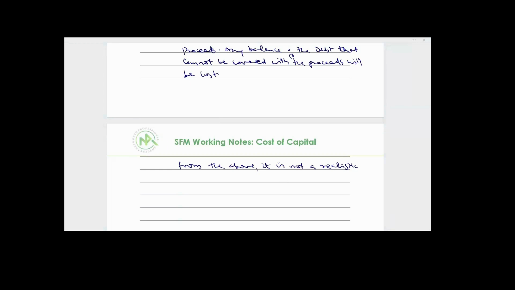Okay, it's not a realistic assumption to say corporate debt is risk-free. It is only in theory and not in practice that corporate debt is risk-free.